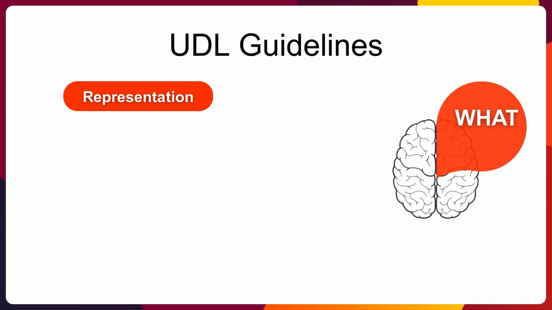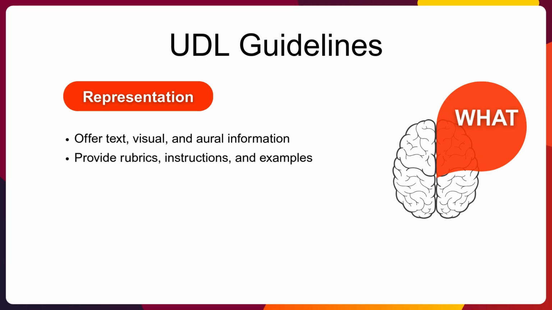To present information in diverse ways to students, you can offer text, visual, and oral information as appropriate. In other words, integrate readings, videos, visuals, infographics, and lectures. Provide rubrics that offer detailed instructions and in-performance examples. And record class sessions, either in whole or in part, for students to review after class or in preparation for exams.